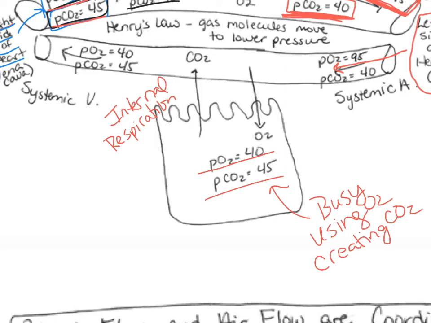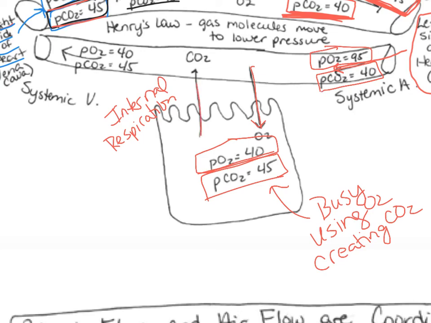So now we see the exchange that happens here. With oxygen, we have a PO2 of 95 in the blood and a PO2 of 40 in the capillaries. So which direction does oxygen move? Yeah, it's going to move into the tissue so the tissue can resupply its oxygen levels. Right? Carbon dioxide is higher in the tissues than it is in the arterial blood.